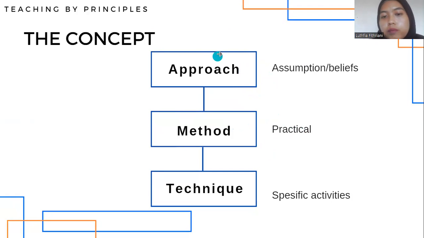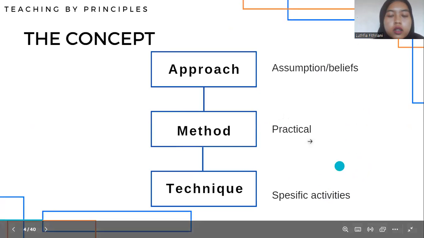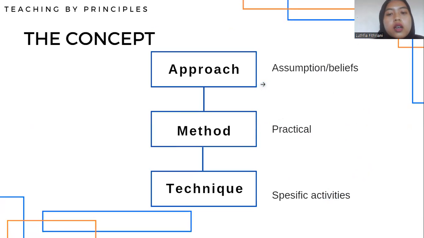So basically, approach deals with assumption or belief of the language or learning. Method deals with the practical application of an approach. And technique deals with the specific activities that are consistent or in line with approach and method.